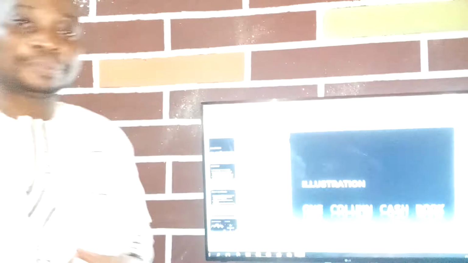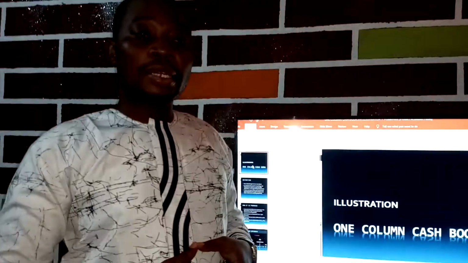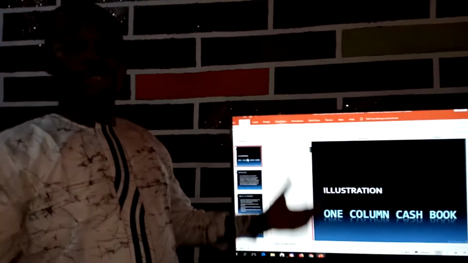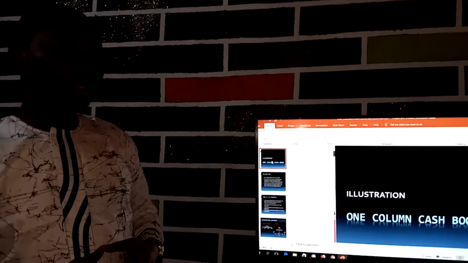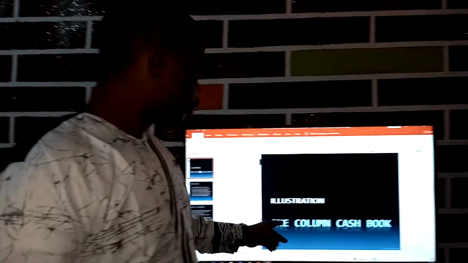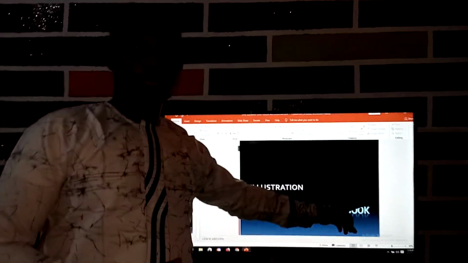We talked about the main cash book, and then we were able to list out types of the main cash book, and one of the types is the one column cash book.